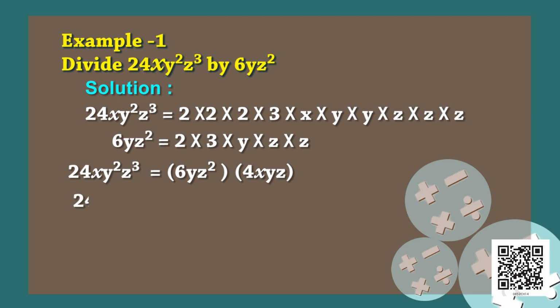Therefore, 24xy square z cube divided by 6yz square is equal to 4xyz.